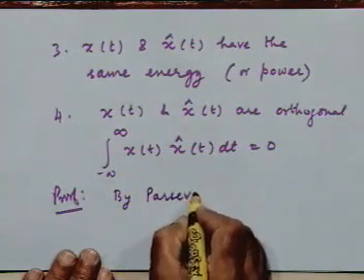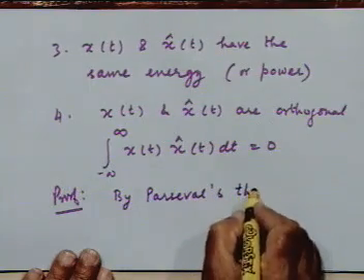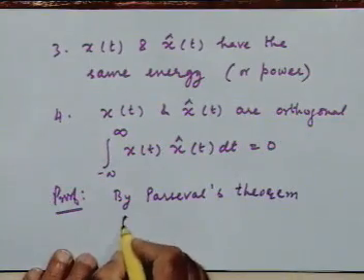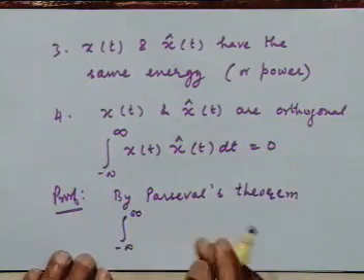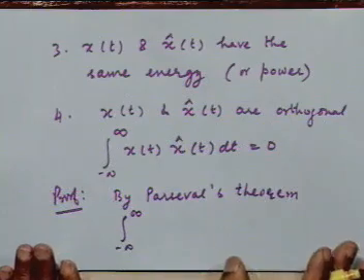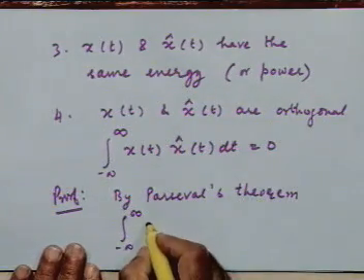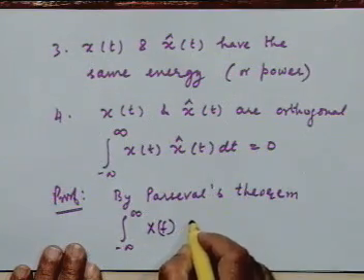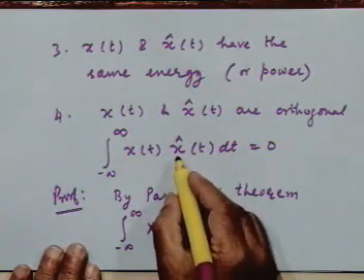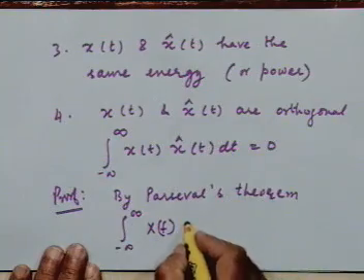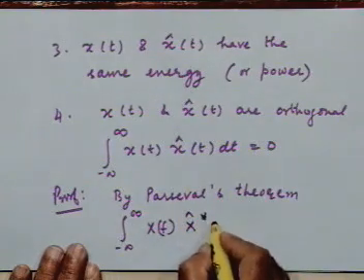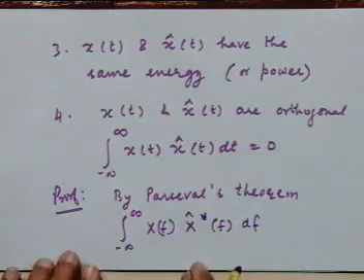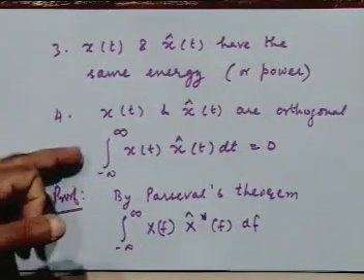So by Parseval's theorem, which is actually the most general form, this time domain integral, again I'll leave the proof for you to work out yourself or look it up in some book, will be equal to X(f) into the conjugate of the Fourier transform of the second function, right? So this will become X(f) Y conjugate(f) df.